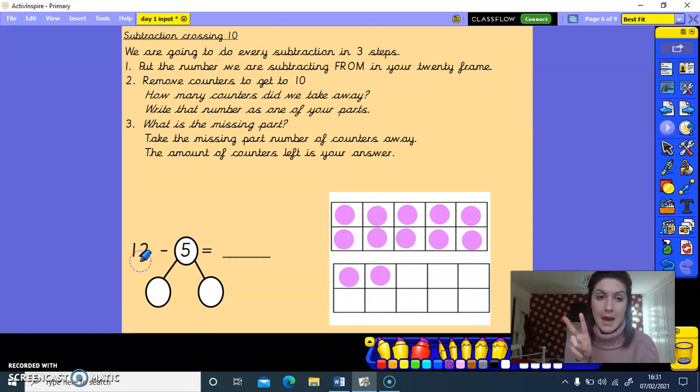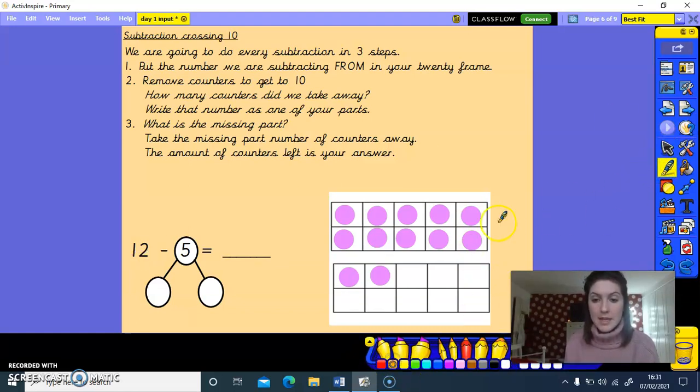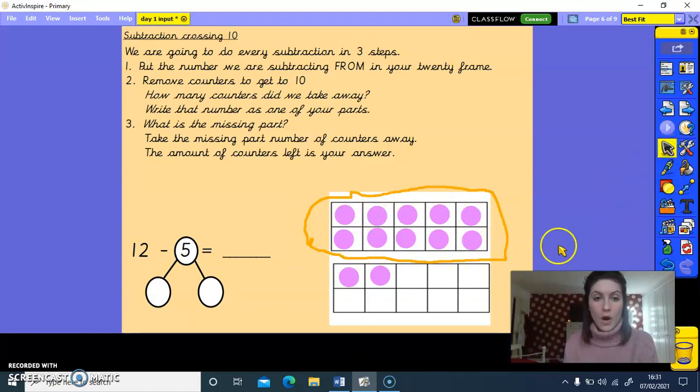The second step is to remove the counters until you get to 10. So I know 10 is represented here. This is 10 because this is a tens frame and it is full. So this is 10. I want to get back to only these being full. Therefore, I am taking away 1, 2.